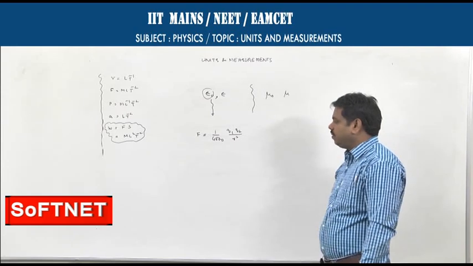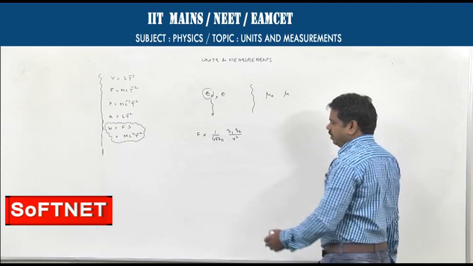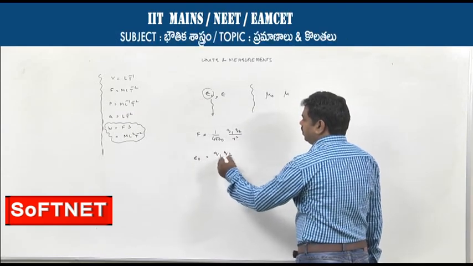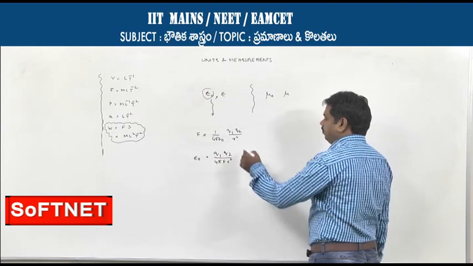Now by using this formula, simply we can get the dimensional formula of epsilon naught. How? Epsilon naught comes as q1 q2 by 4 pi F into r square.